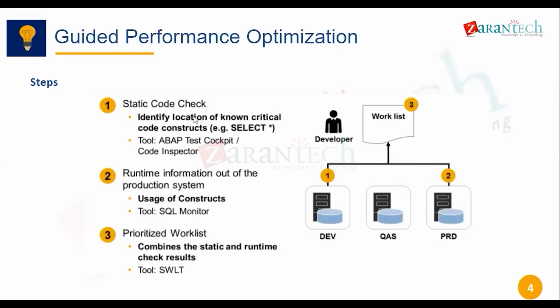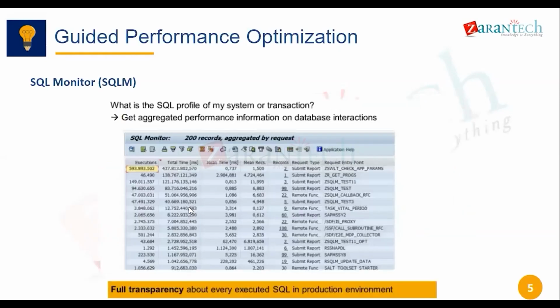The first one does a code check. The second one, the SQL monitor, actually gives you the mostly used reports and program names. If you see here, it gives you the reports which are taking too much time from a database level. It does not do the code checks. It just gives you the full report of the database interactions.